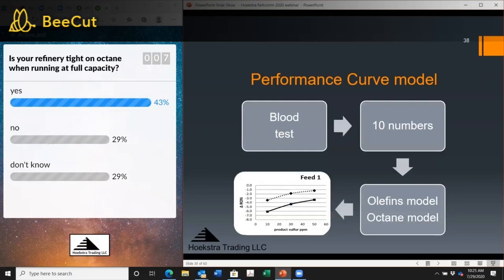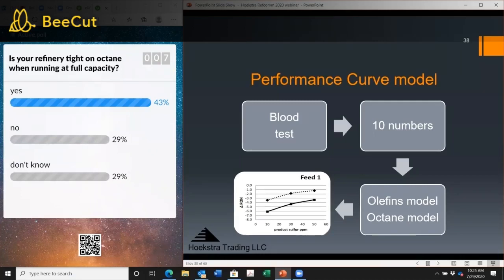The performance curve model takes the blood test and reduces it to 10 numbers that pertain to 10 key reaction paths, which are the ones that determine octane loss. These 10 numbers are fed into an olefins model that calculates the changing composition and an octane model that calculates octane from the changing composition.